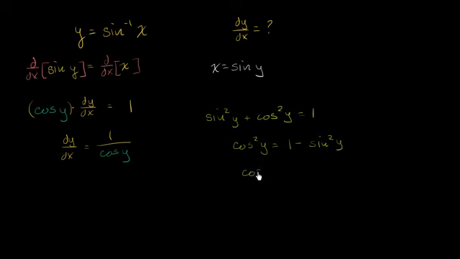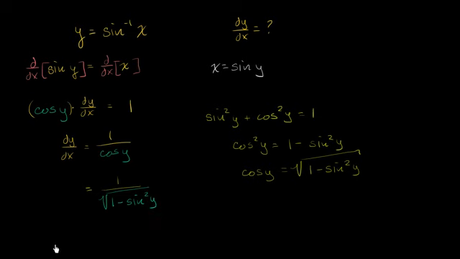Or that cosine of y, just take the principal root of both sides, is equal to the principal root of 1 minus sine squared of y. So we can rewrite this as being equal to 1 over, instead of cosine of y, the square root of 1 minus sine squared of y.